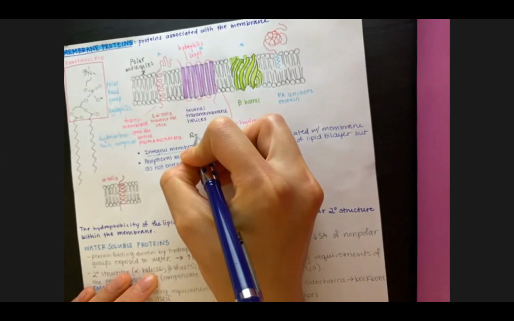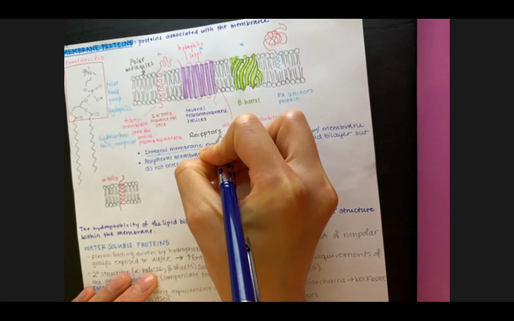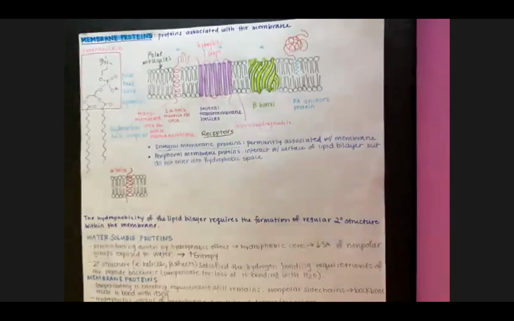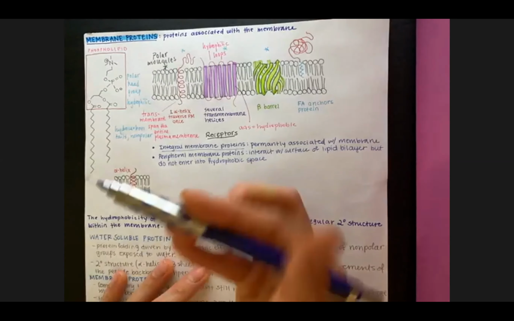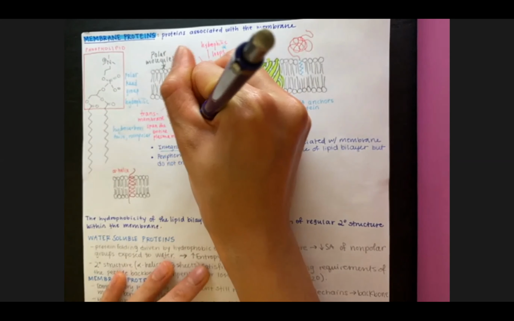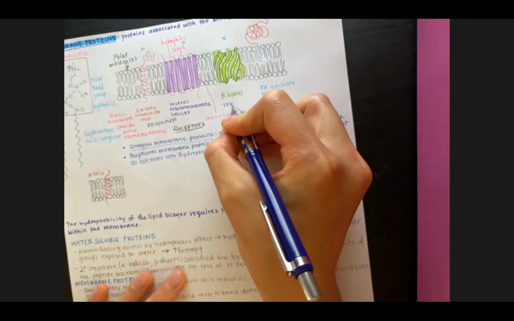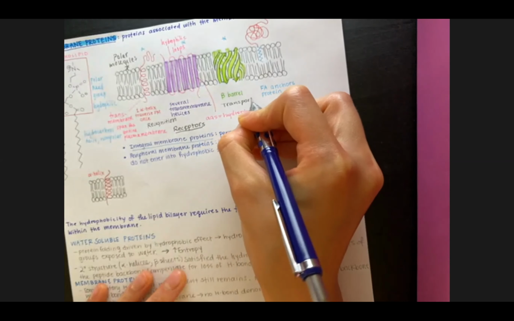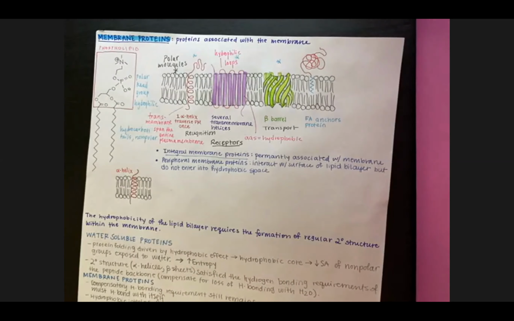Yep, so receptors. And this would be like a G protein coupled receptor, which would look something like this. They can be for recognition, so markers for cellular identification, and then also transport. So you could picture a water molecule going through here, which would be an aquaporin.